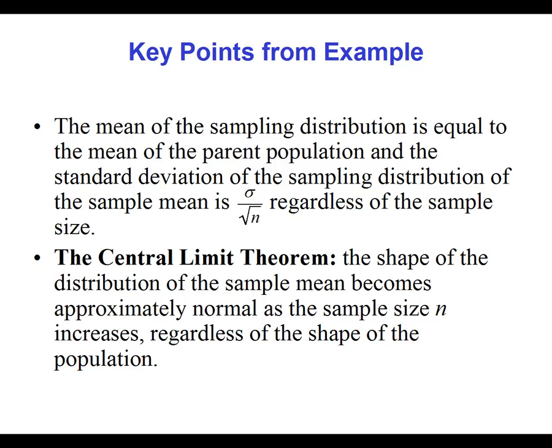The shape of that distribution becomes approximately normal as the n value increases. It doesn't matter what the shape of the population was, provided that n is sufficiently large. Again, typically we're going to use the value of 30 when dealing with a sample mean.